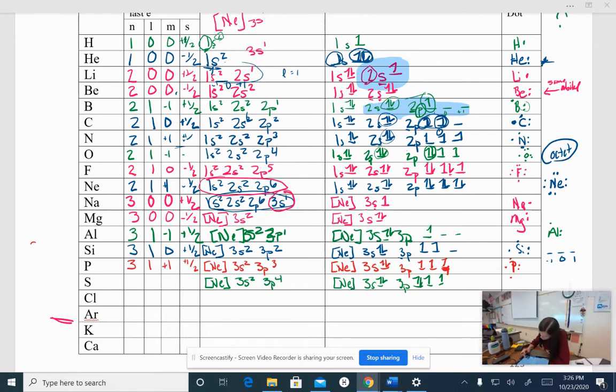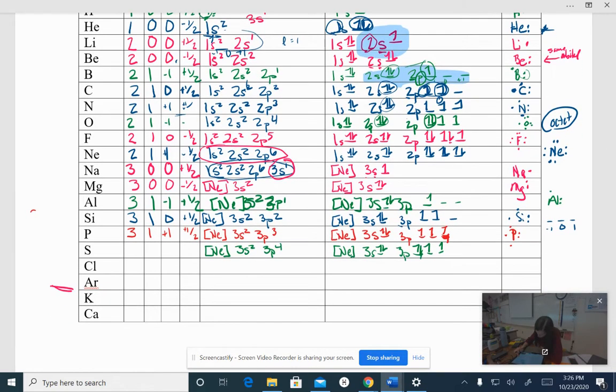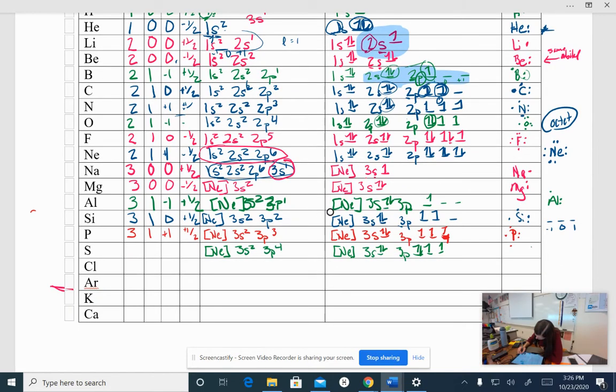So my dot picture here for sulfur is going to be like this. 2 to the right, 2 on the top, 1 on the left, and 1 on the bottom. My quantum numbers, third energy level, p orbital, first orbital, so this is -1, and it's a downspin, so -1/2.